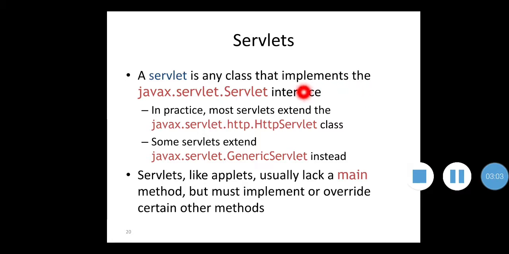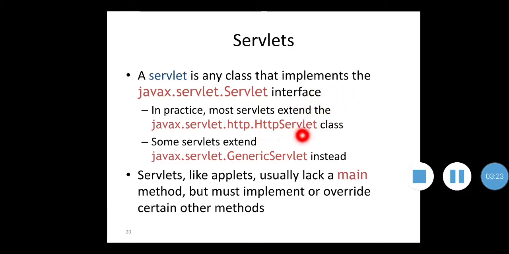So for servlet programming, we have to use the javax.servlet.Servlet interface. That is, we have to implement that interface, and also in order to handle the requests there are two different classes.